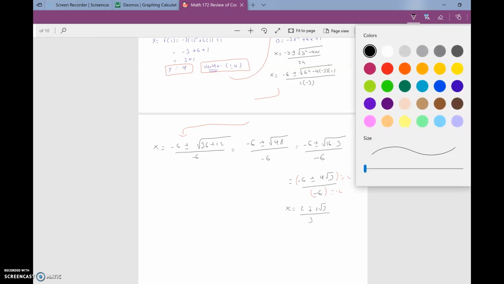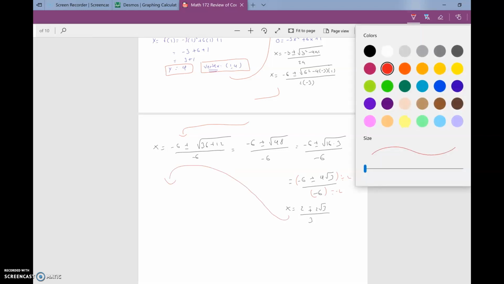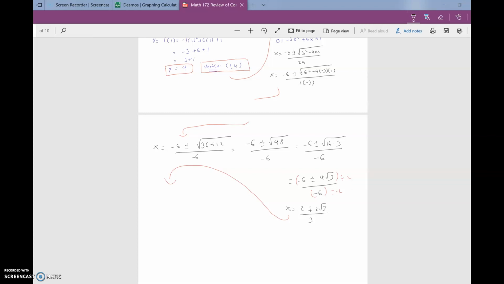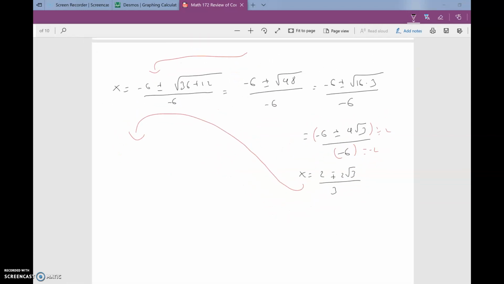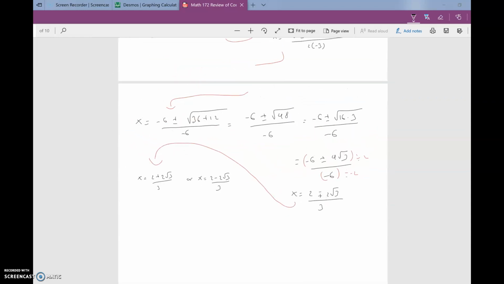So if we were to separate these, you would actually end up with x is equal to 2 plus 2 square root of 3 divided by 3, or x is equal to 2 minus 2 square root of 3 divided by 3, which as decimal approximations, or let me write them as exact.